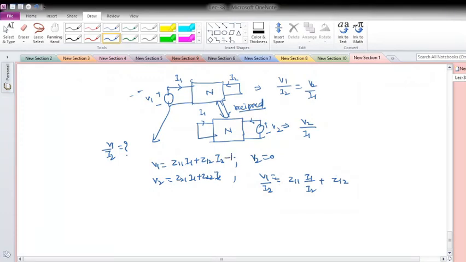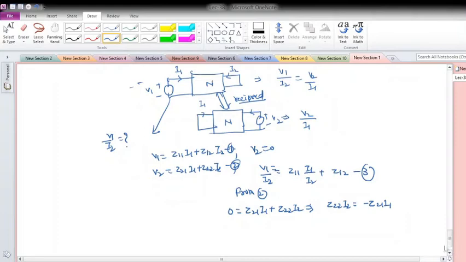This is equation 1, this is equation 2, and this is equation 3 which I got. And from equation 2 what we can obtain is 0 equal to Z21 I1 plus Z22 I2. So from that I can write Z22 I2 will be equal to minus Z21 I1.